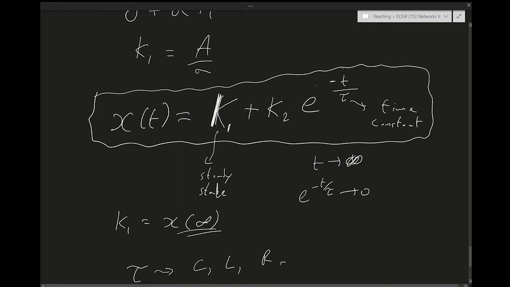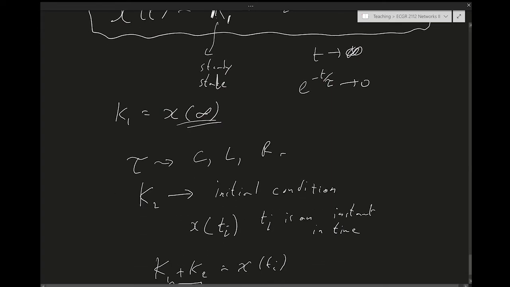Tau from the circuit, K1 from the steady state conditions, and K2 from knowing the value of the response at some instant in time, only one instant in time. To solve a first order equation, you need only to know one instant in time, either an initial condition or some condition at any other point in time.